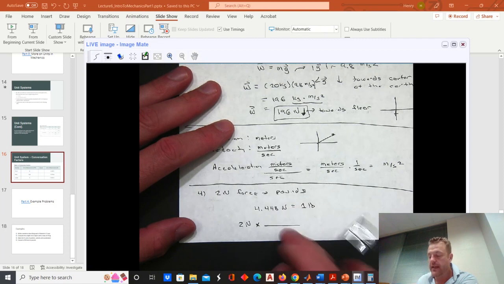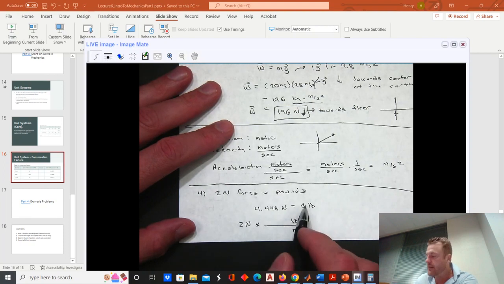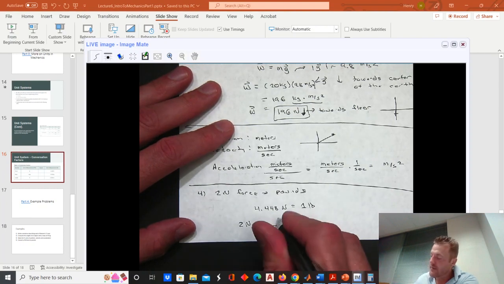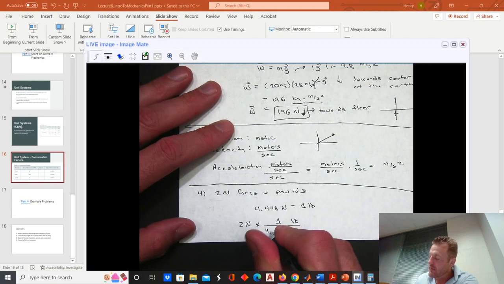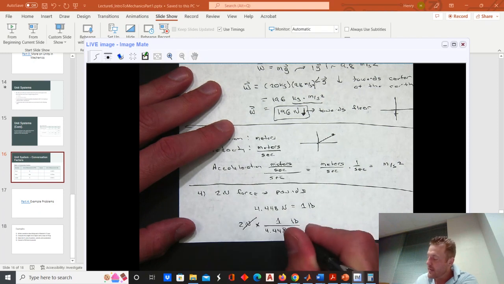They're the physical same thing. However, the units are different. And we want to get rid of newtons, and we want to go to something in pounds. So we need a conversion factor that relates things in pounds to things in newtons. So notice that 1 pound is equal to 4.448 newtons. And if I put the newtons of the conversion factor in the denominator, those will cancel.